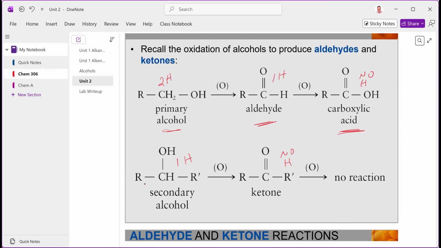In this case, on the secondary alcohol, there's only one, so it can only be oxidized once. With the primary alcohol, there are two hydrogens there, so it can be oxidized twice.